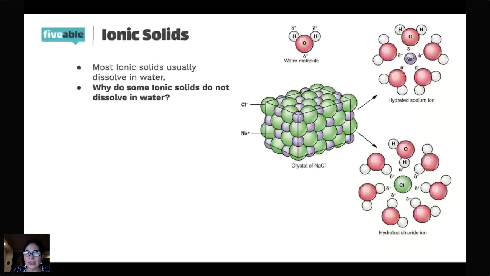So it has to do with the strength of the lattice energy. Does this make sense? Excellent. So usually ionic solids with a charge of +1 or -1 will dissolve, but ionic solids with greater charges, +2, +3, some of them won't be soluble in water. Okay, excellent. Let's move on.